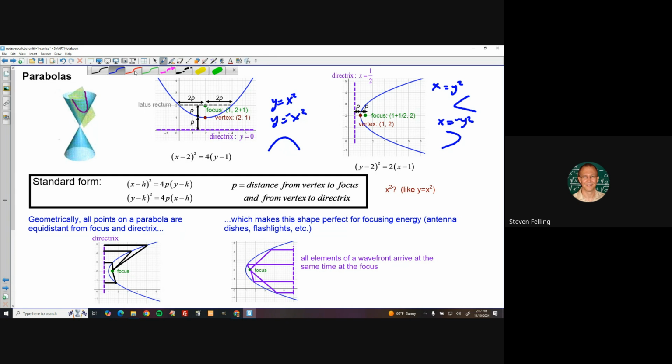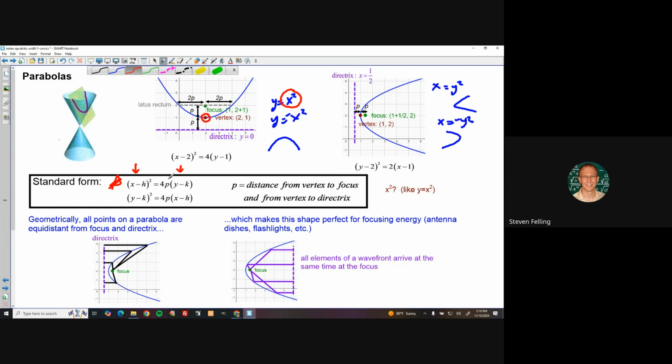So there is a standard form for the equations, and it's this. If you have the x squared type, usually we put the squared term on the left, and then the non-squared term on the right. So it could be either x squared or y squared, and then the other term would be the non-squared term. And you arrange it to have x minus h squared, y minus k, where (h, k) is the location of the vertex.